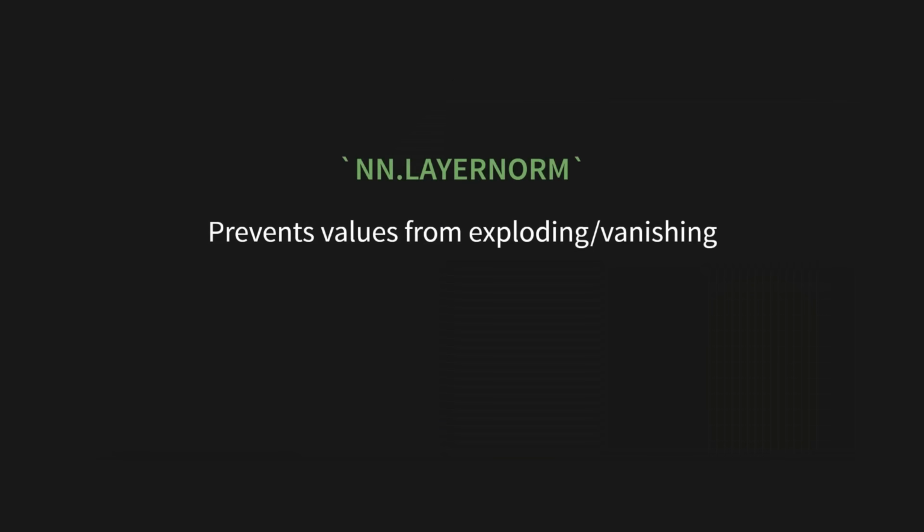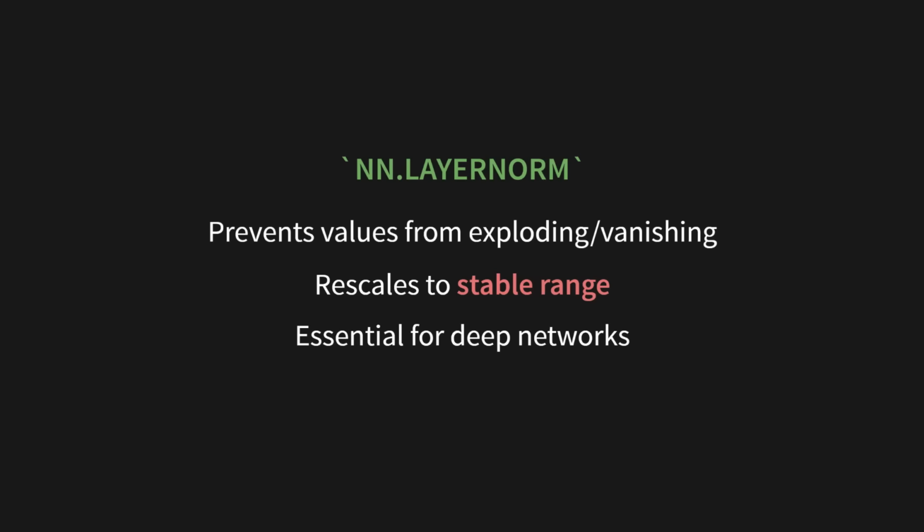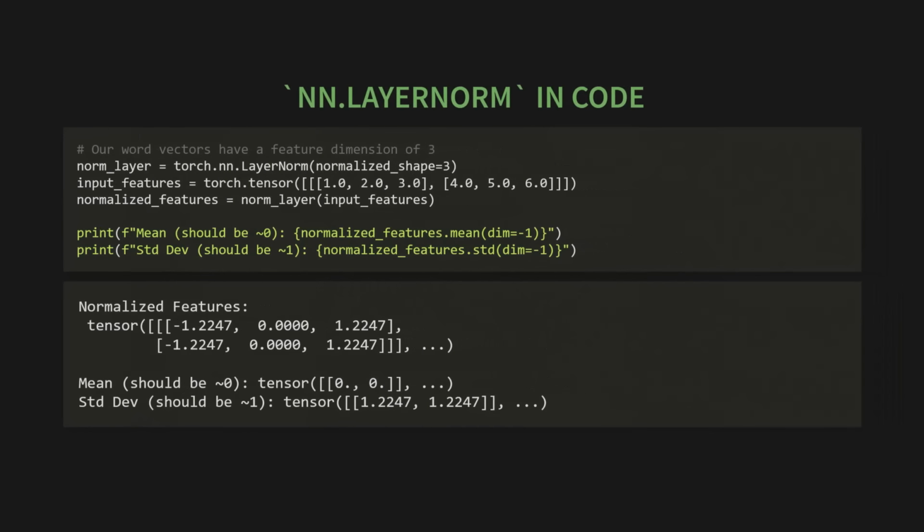Next, nn.LayerNorm. As data flows through a deep network, the numbers can explode or vanish, making training impossible. LayerNorm is the traffic cop. It rescales everything to a stable range. This is essential for deep networks. Here's the code. Our word vectors have a feature dimension of 3, so we create a norm layer equals torch.nn.LayerNorm with a normalized shape of 3.